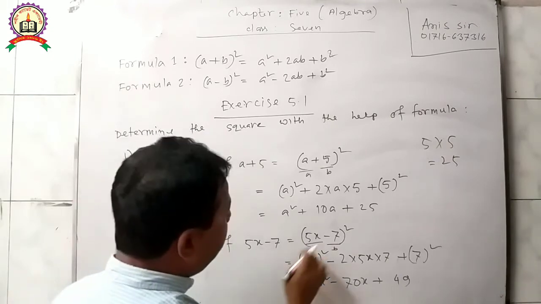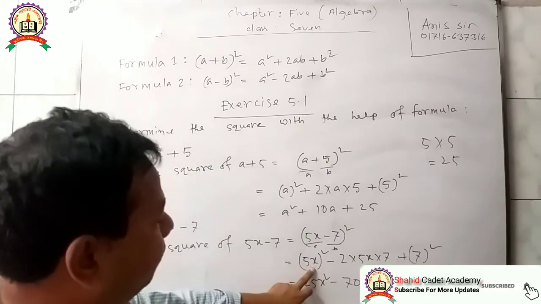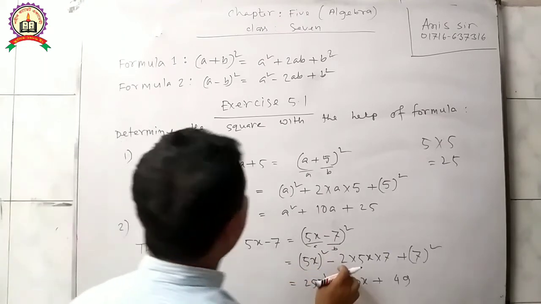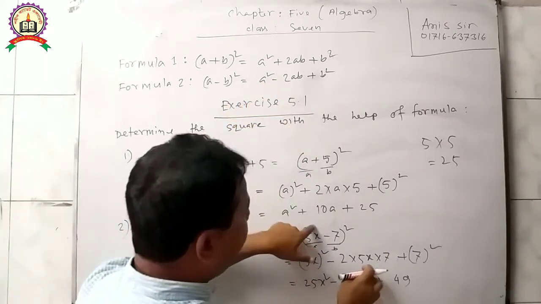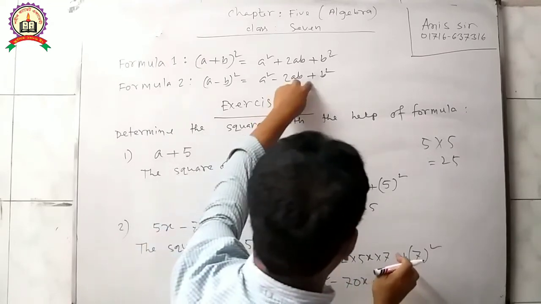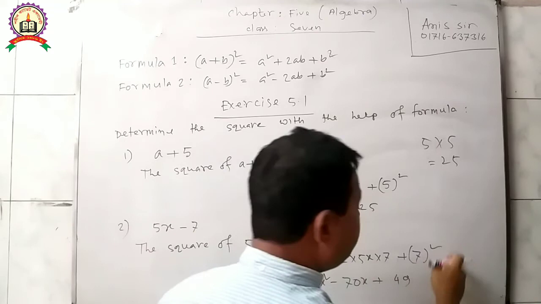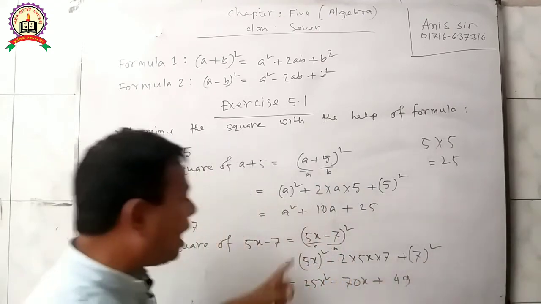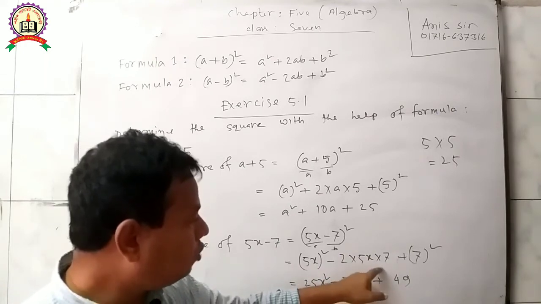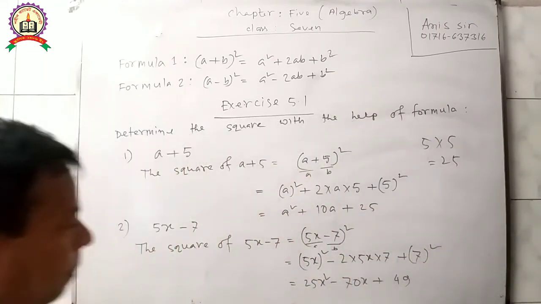So a square, a equal to 5x, so a square equal to 5x whole square, minus 2ab, that means 2 into 5x into 7, plus b square, that means 7 whole square, according to the question.